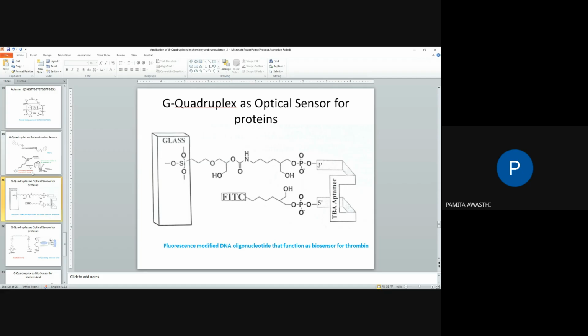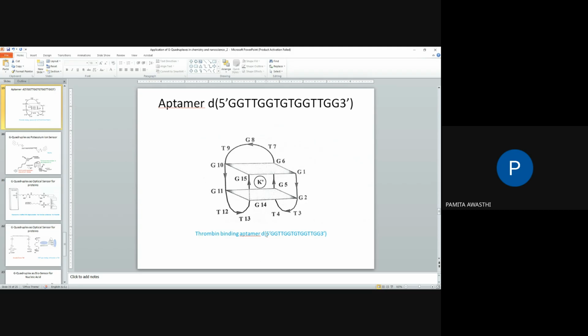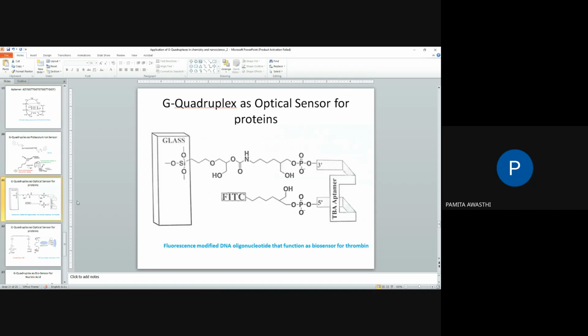the 5 prime end of this aptamer with a fluorescent compound, and labeling it with an aminosiloxane linker, enabling a covalent attachment of this whole oligonucleotide.